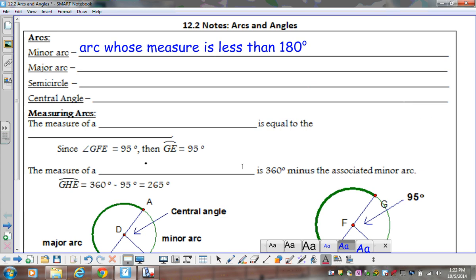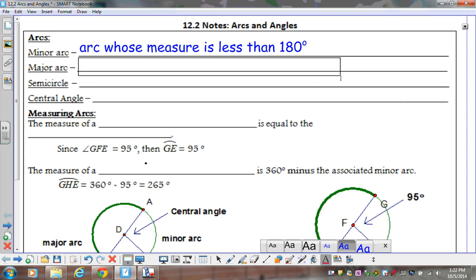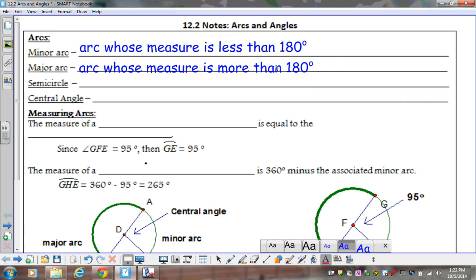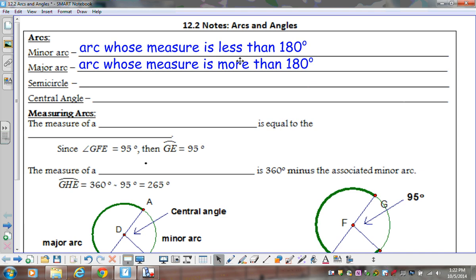Similarly, you've got a major arc. If minor is less than 180, a major arc is an arc whose measure is more than 180 degrees, so more than half the circle.